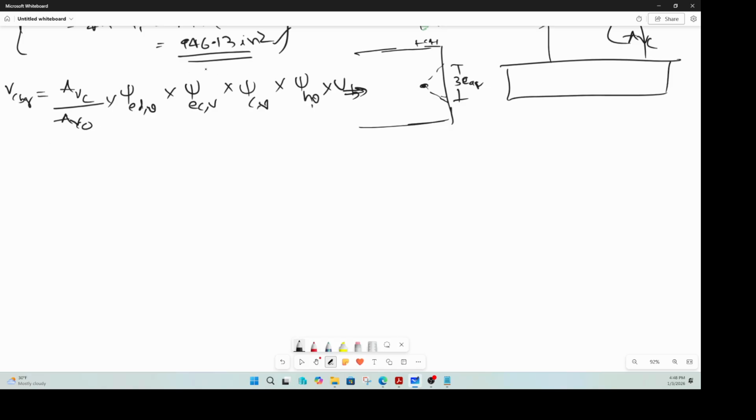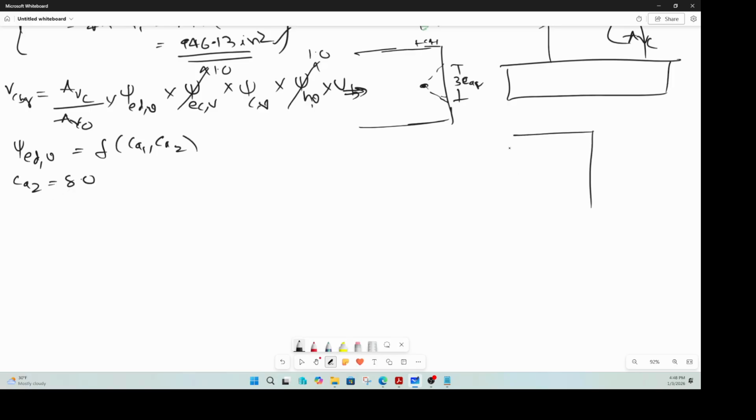Okay, no eccentricity, that is 1.0, no shallow depth, that is 1.0, right? So now we have to calculate CED,V, right? So CED,V, like I said, is a function of CA1 and CA2. So you calculate your CA2, which in this case is 8.0, right?